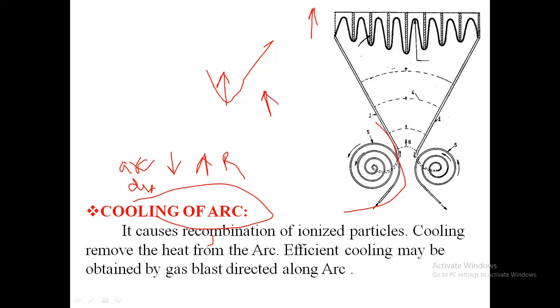Mainly for length of the arc, the blade is a horn-like blade. For splitting, it is resin bonded fiber. So this is the arc phenomena under high resistance interruption. High resistance mainly depends on three types: cooling, lengthening and splitting of the arc. So thank you for watching.